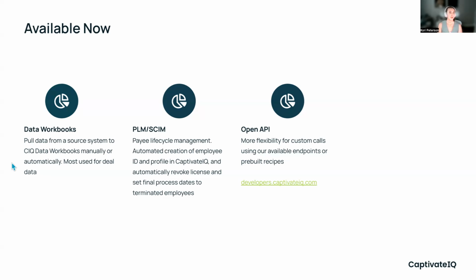So first and foremost, you can set up integrations to pull directly to your data workbooks. This connects a source system to Captivate IQ to either have on a manual sync schedule or even an automated schedule. So we most often see this with opportunity level information.